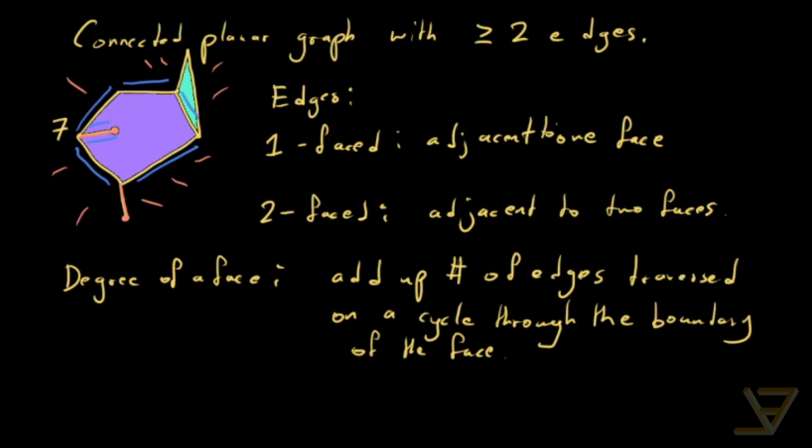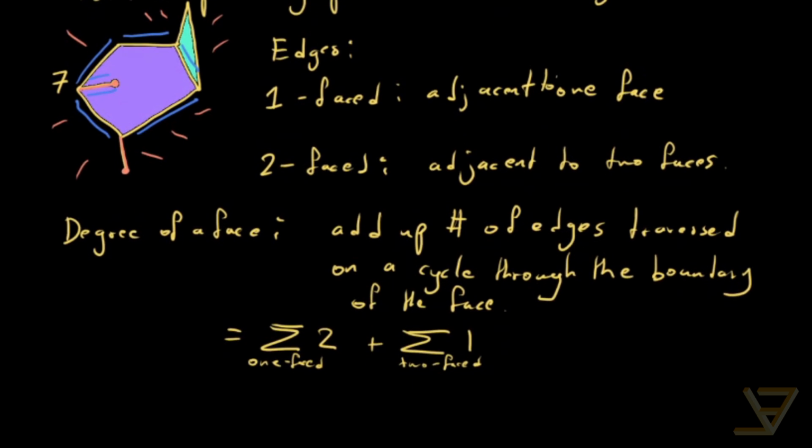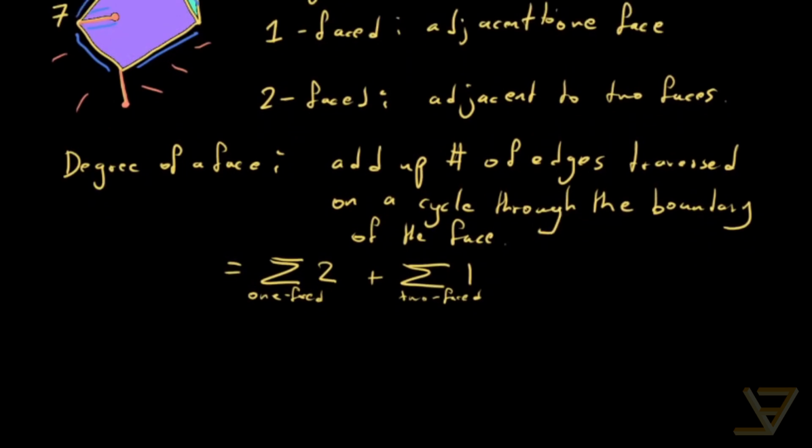So as you can tell, this is equal to the sum of 2's for one-faced edges plus the sum of 1's for two-faced edges. So that's how we're going to equivalently define the degree of a face.